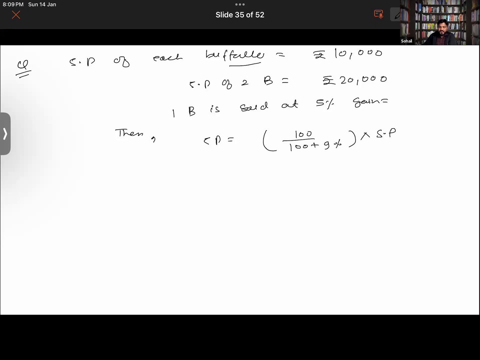So we get 100 upon 105 multiplied by the selling price, that is 10,000. This will give you 100 upon 105, and then upon 21. Do the maths, calculate it.